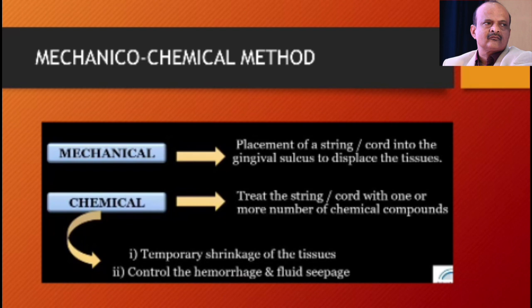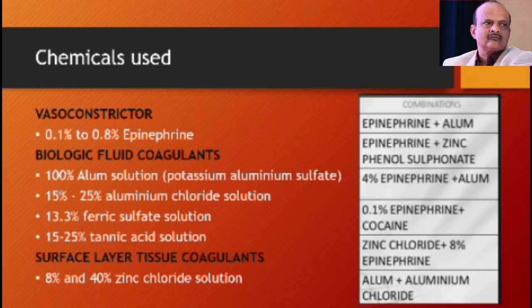Thus, it will give us a dry field, and it will also help us in doing effective gingival retraction. The chemicals used commonly can be classified as vasoconstrictors, biologic fluid coagulants, or surface layer tissue coagulants.